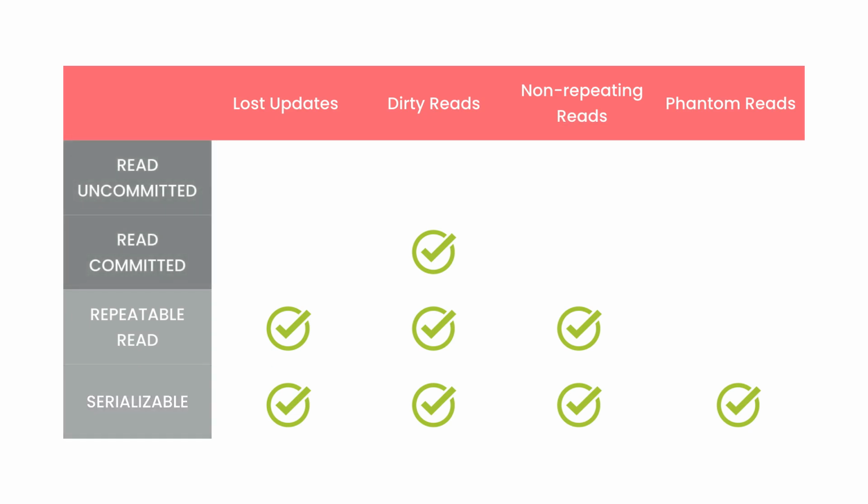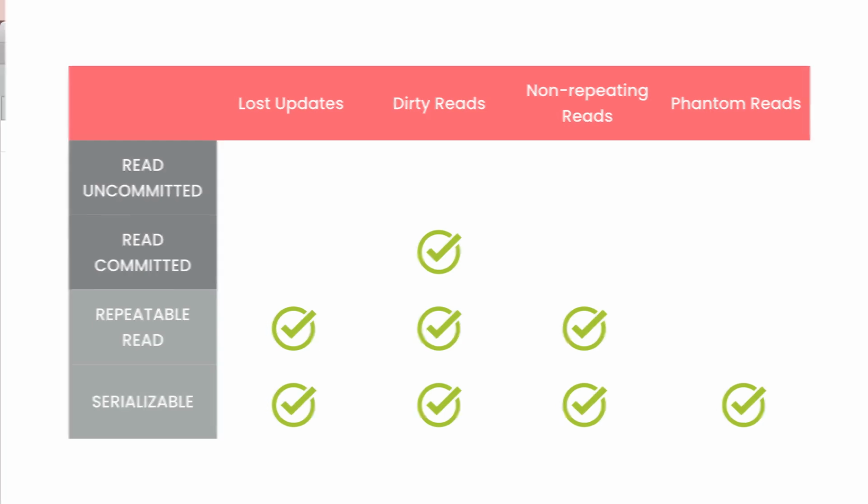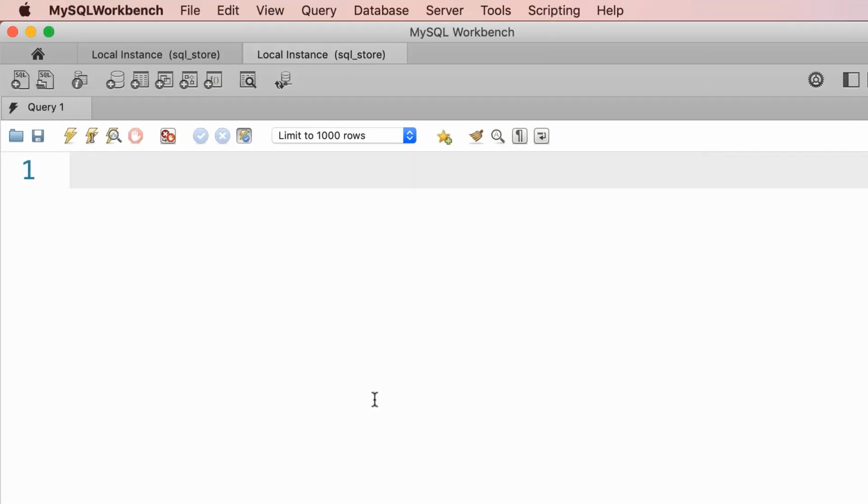As for the other two isolation levels, read committed and read uncommitted, you can use these in situations such as bulk reporting where you don't need precise consistency or when you deal with data that is rarely updated and you want to achieve a better performance. Again, I would say stick to the default for most scenarios and only change the isolation level if you really have to. Now let me show you how to set the transaction isolation level.